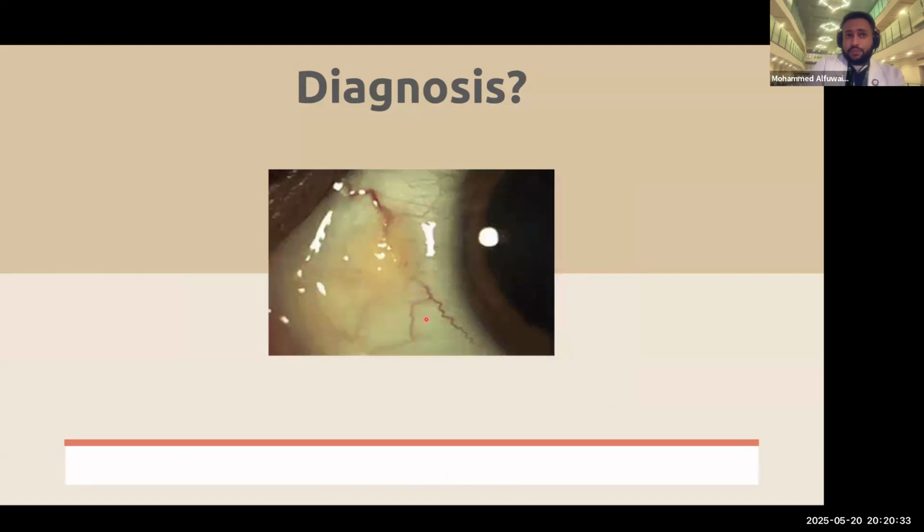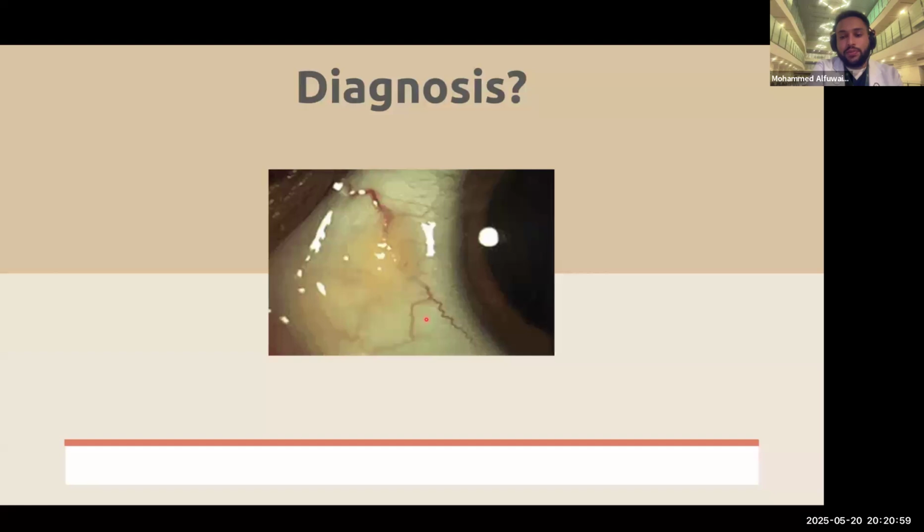Now over here, this patient, due to repetitive trauma, and by trauma I mean air or dust hitting their eye repetitively, UV light, wind, dry eyes, they develop this growth on the conjunctiva.